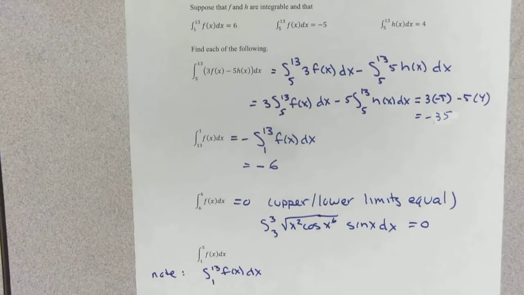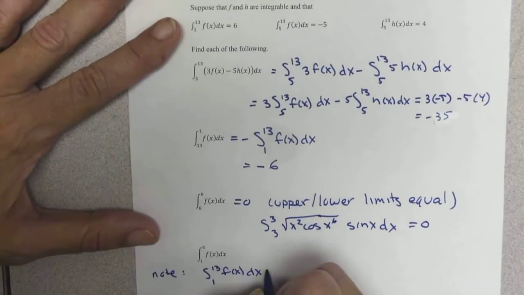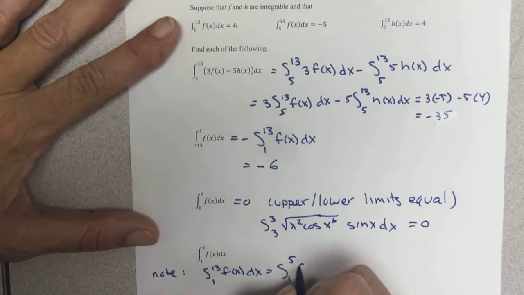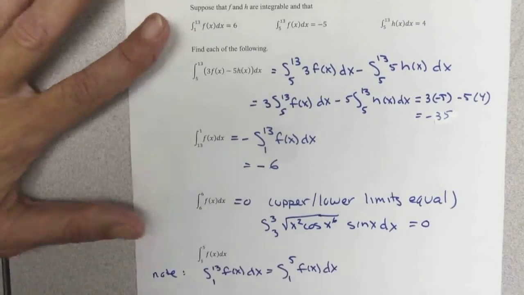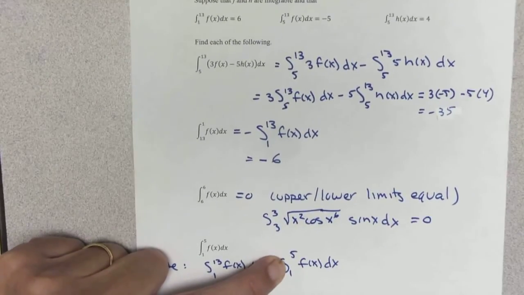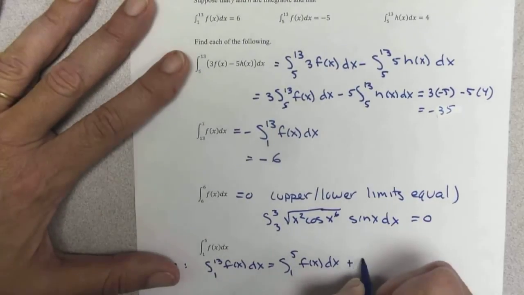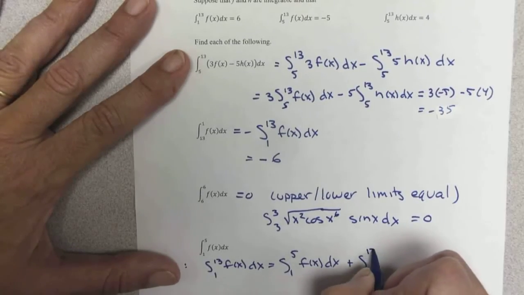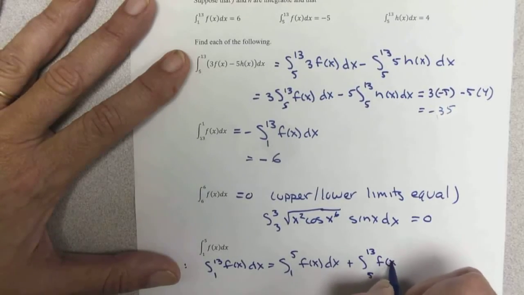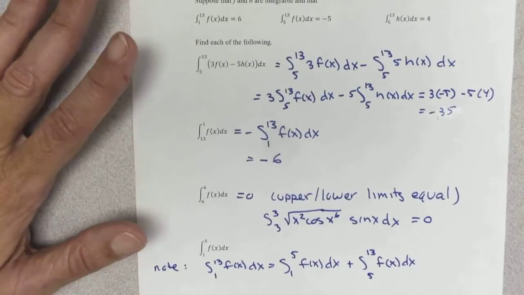I could start with the biggest interval I was given, 1 to 13. And then one of my rules said you could break these up pretty much any way you wanted, as long as the upper limit of the first integral matched the lower limit of the second integral.